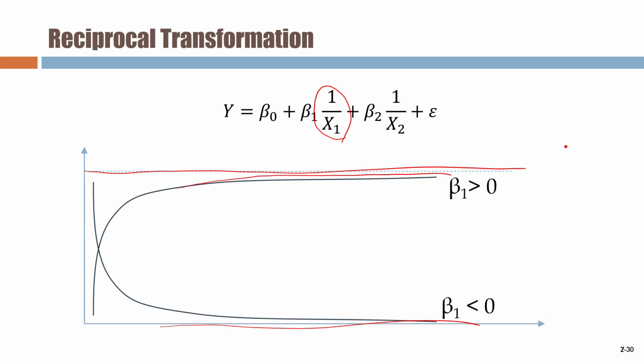Then you should try the reciprocal. Again, there's no clear line for when you have to use a reciprocal or a logarithm transformation. That's why it's also part of the art, so you have to find out. But the difference between the logarithm and reciprocal is whether there's an asymptote or not.